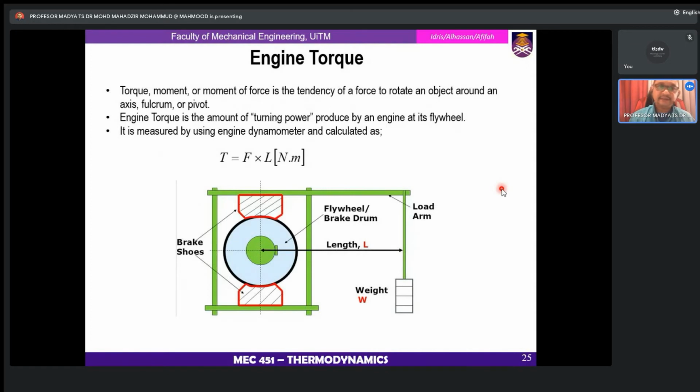Okay, number one, engine torque. Torque, or moment of force, is the tendency of a force to rotate an object around an axis. So engine torque is the amount of turning power produced by the engine at its flywheel.